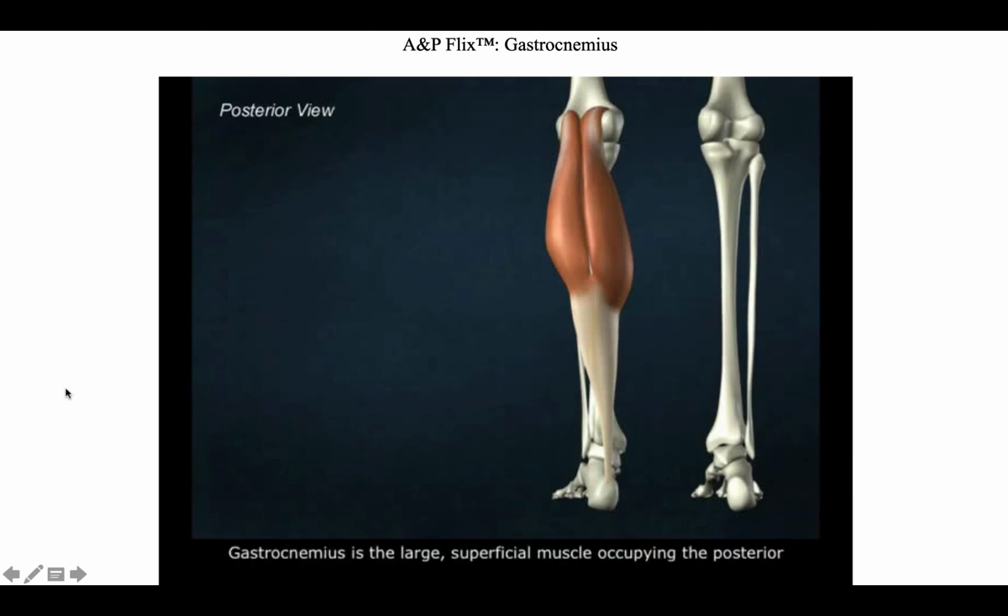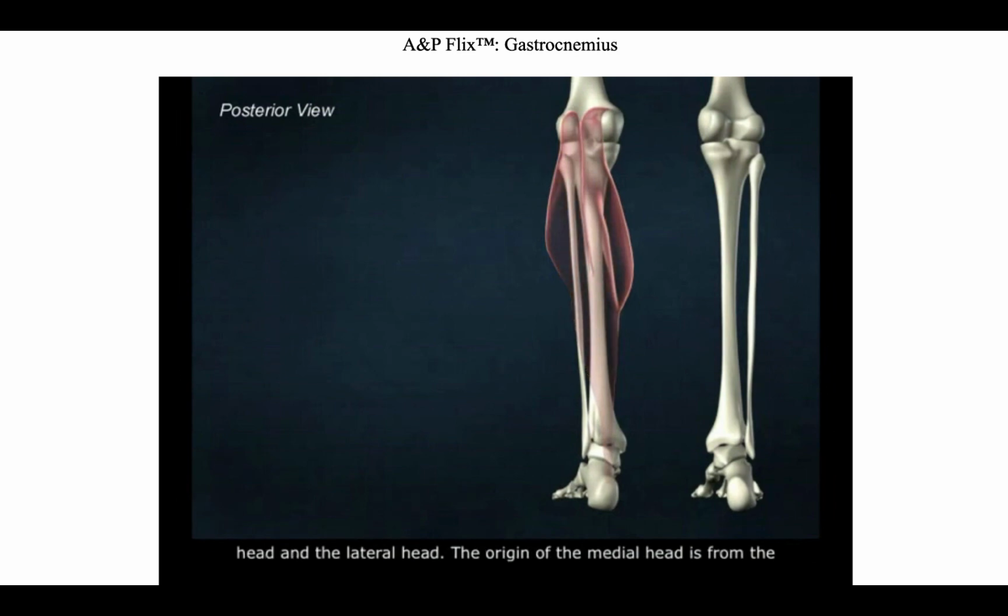Gastrocnemius is the large superficial muscle occupying the posterior compartment of the leg. Gastrocnemius has two heads, the medial head and the lateral head. The origin of the medial head is from the posterior femur, superior to the medial condyle. The origins of the lateral head are from the lateral condyle and the posterior surface of the femur.